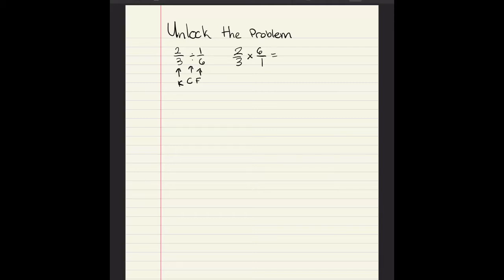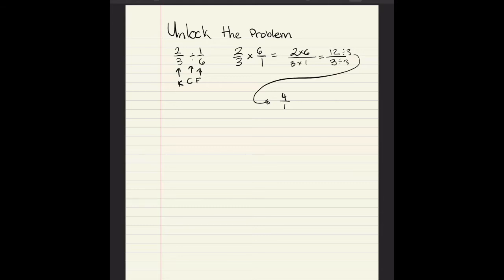So when I multiply, remember I just line up the top and the bottom. So 2 times 6 equals 12, and 3 times 1 equals 3. And I know 3 can go into both of these, so I can divide the bottom and the top by 3 to simplify. 3 divided by 3 is 1, and 12 divided by 3 is 4.